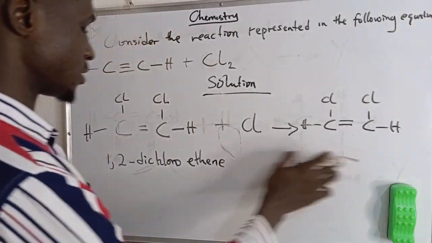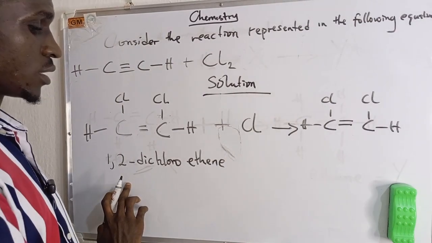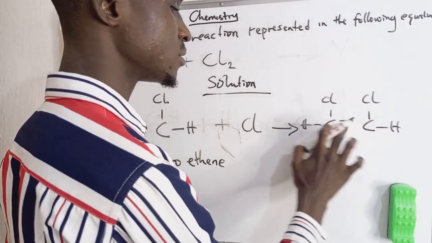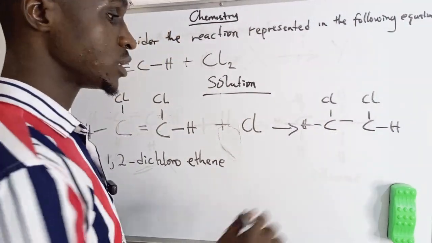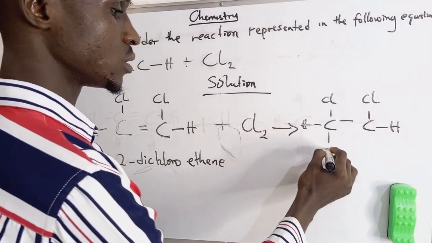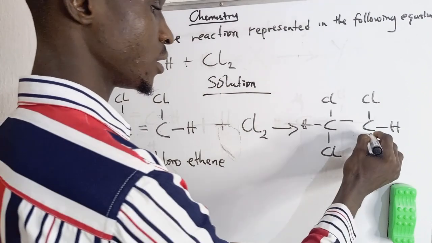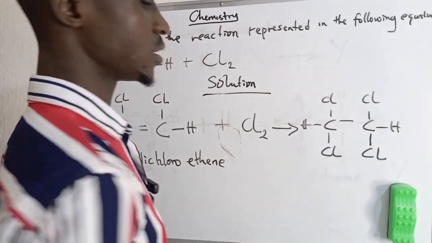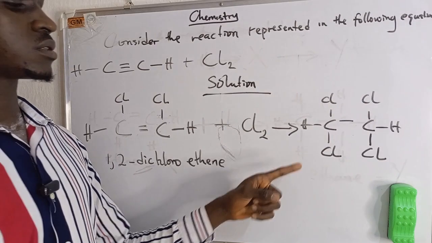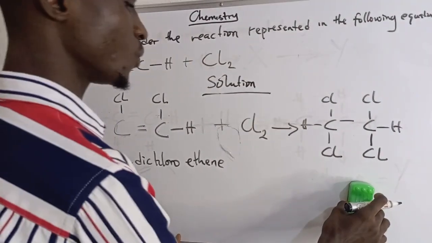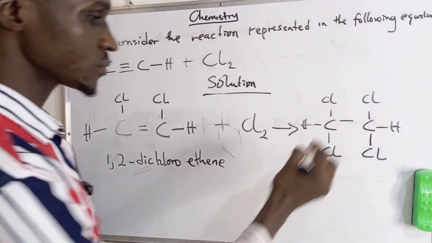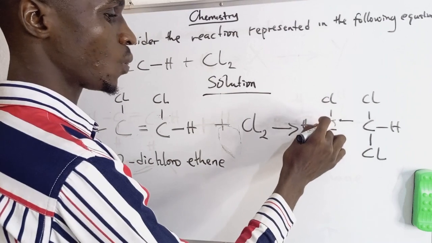This is what we have here, still 1,2-dichloroethene. So by the time it breaks the final pi bond, it will now give rise to what? Adding more chlorine here, and then this is the second chlorine attached. Now, this is the final product where we can say we have achieved saturation. The name here is what?